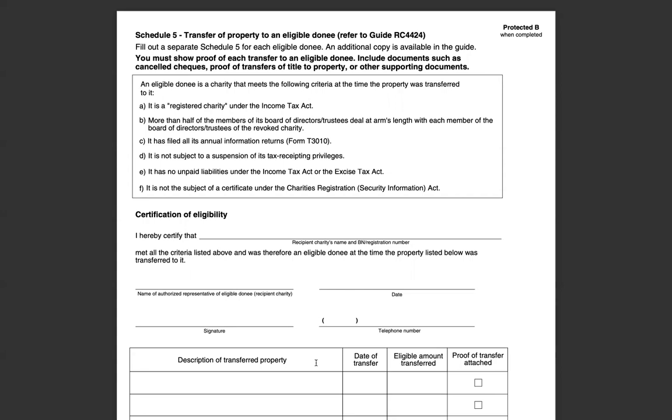And number 3, it has filed all its annual information returns, form T3010, and it is not subject to a suspension of its tax receipting privilege, and it has no unpaid liability under the Income Tax Act or the Excise Tax Act. And it is not the subject of a certificate under the charity registration. Then the certificate of eligible recipient: charity name, the BN number, name of the authorized person of the eligible donee, and date and signature.